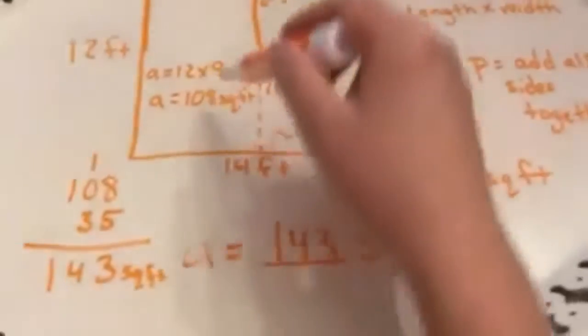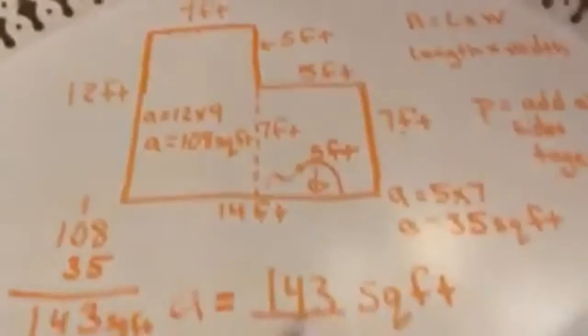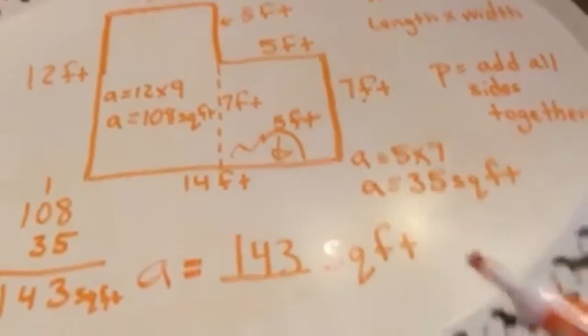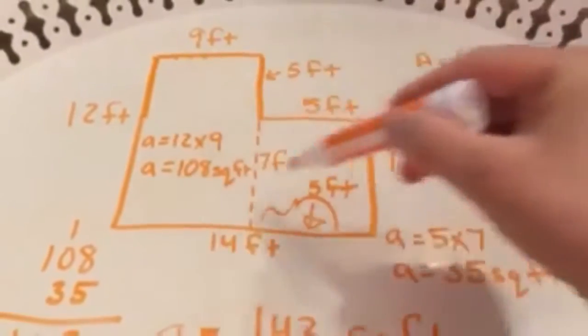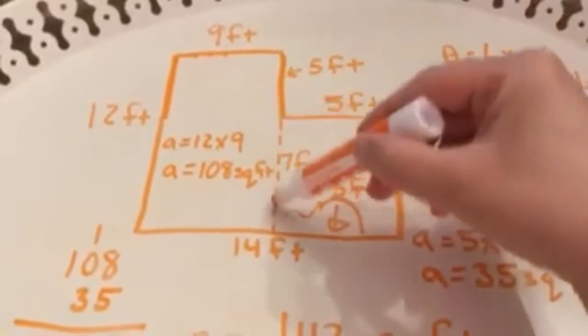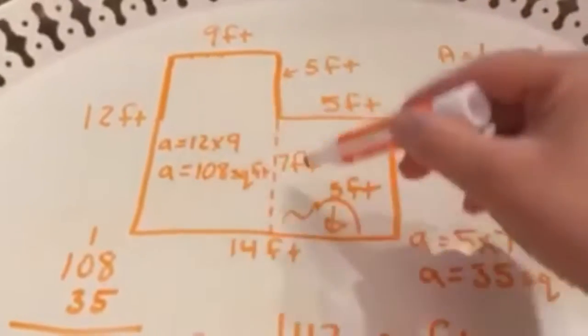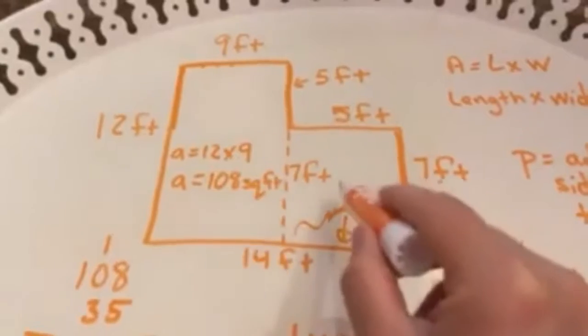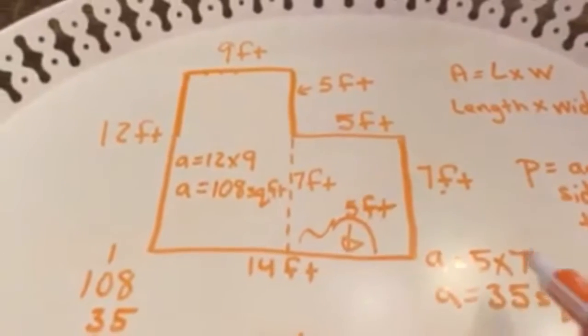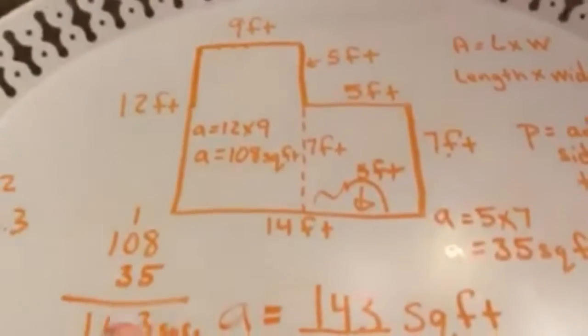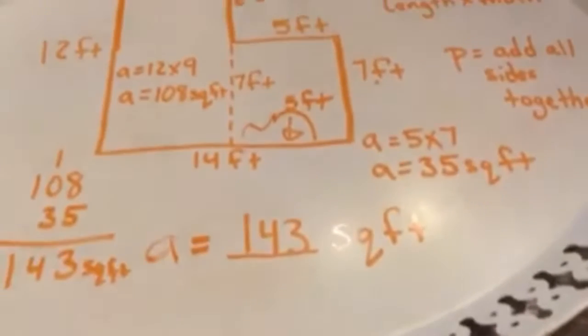My area, my inside space, is 143 square feet. I figured that out by taking this large combined rectangle, breaking it into 2 different rectangles, solving the area for each rectangle, and then adding those areas back together to get my answer.